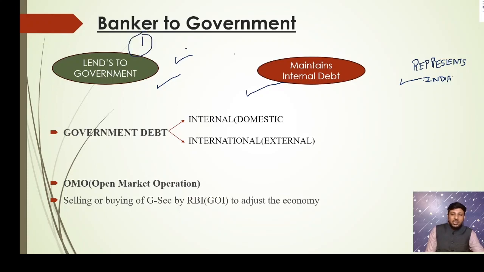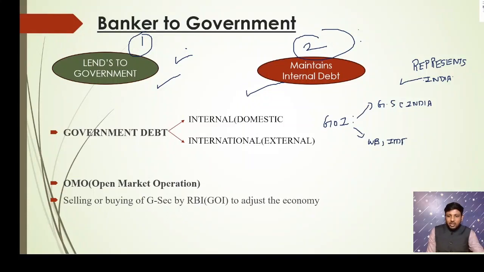Now when we come to the second role, how the RBI maintains the internal debt of the Government of India. See, here there is the Government of India. It can borrow by issuing government securities within India, correct? And outside India also, from institutions such as the World Bank, IMF, or from other countries such as USA, Japan, the Government of India can borrow or take a loan.